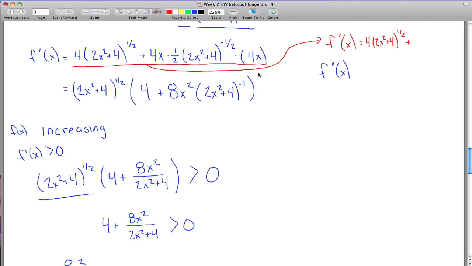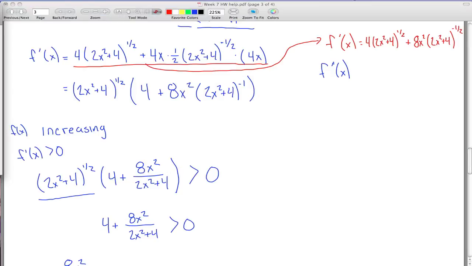And then to that we add the 4x times the 4x times the 1/2, which is the 8x squared, times 2x squared plus 4 to the negative 1/2. So again, you can use any form you want, but I'm thinking this one might be the least bad, although I'm starting to think it's going to be bad no matter what.